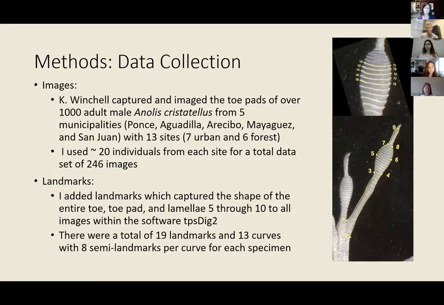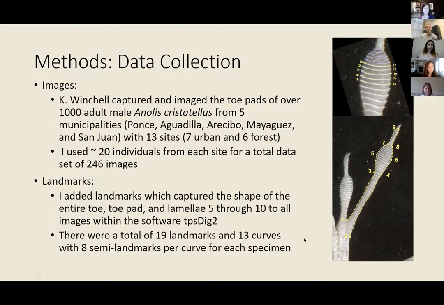I'm sorry if I butcher these, but Ponce, Aguadilla, Arecibo, Mayagüez, and San Juan, with 13 sites, 7 urban, and 6 forest. And I used around 20 individuals from each site for a total data set of 246 images. So I didn't have a total of 20 for each site, but I had as much as I could have for that site because some didn't have 20.